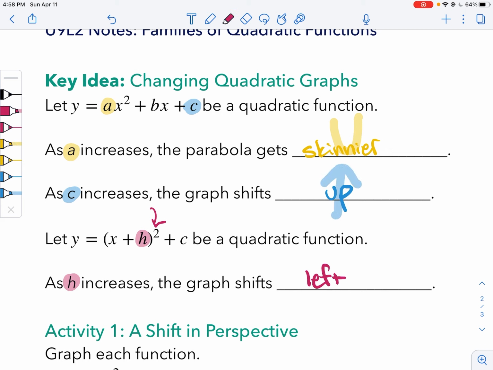And if we went over 3, we need to go up 9. 1, 2, 3, 4, 5, 6, 7, 8, 9. So a normal parabola after making an XY table would look like this. Kind of. Please don't judge my art skills.